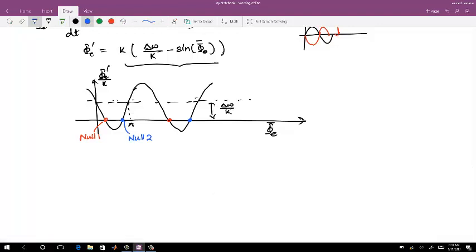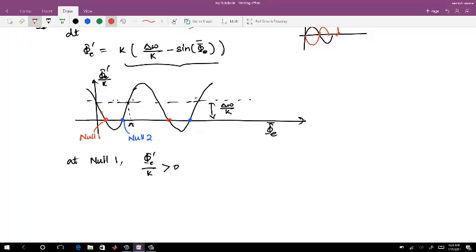Okay, so now you see, at null 1, if your d phi e by dt is greater than 0, which means the rate at which the phase error changes is greater than 0 at this point somewhere here, that means the phase error should increase.